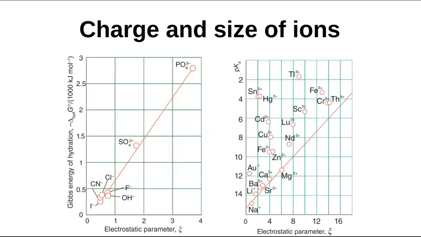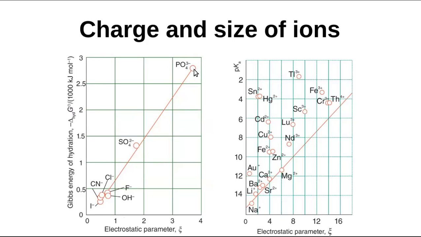It is essentially two variables called in these two graphs the electrostatic parameter, charge approximately. Here there are single charged anions, double, triple, and here is Gibbs energy of hydration. Is it the negative value of Gibbs energy of hydration? What does it mean? 3000.